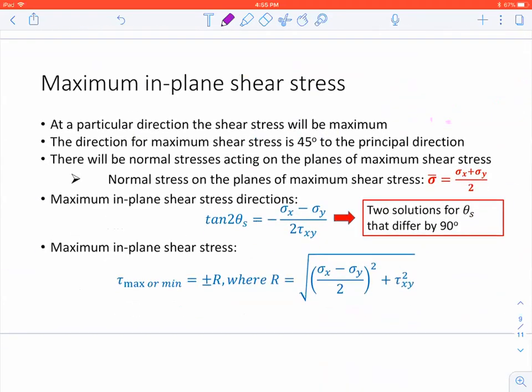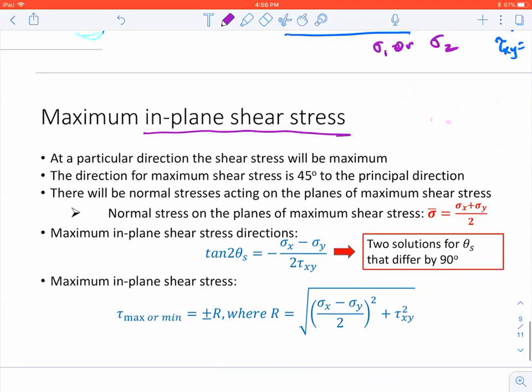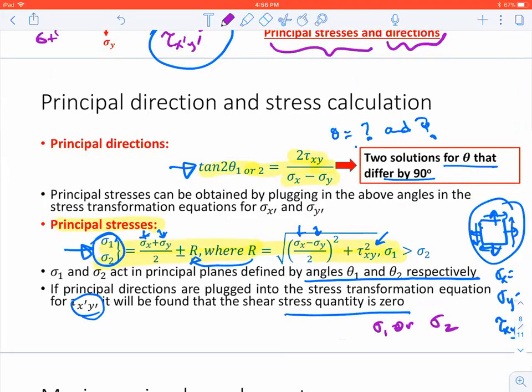All right, maximum in-plane shear stress. Now we looked at these sigma 1 and sigma 2. These are normal stresses, so they only happen at 2 different directions at a particular location.